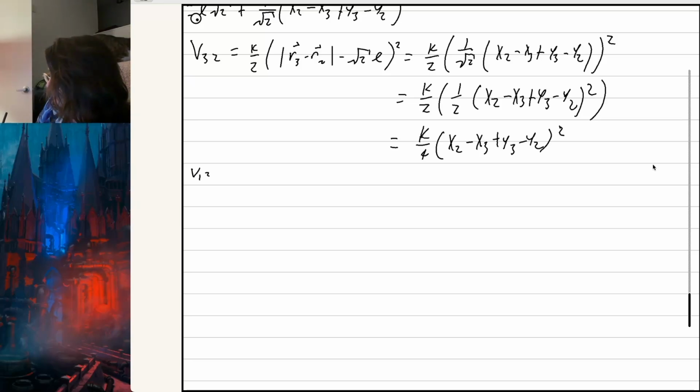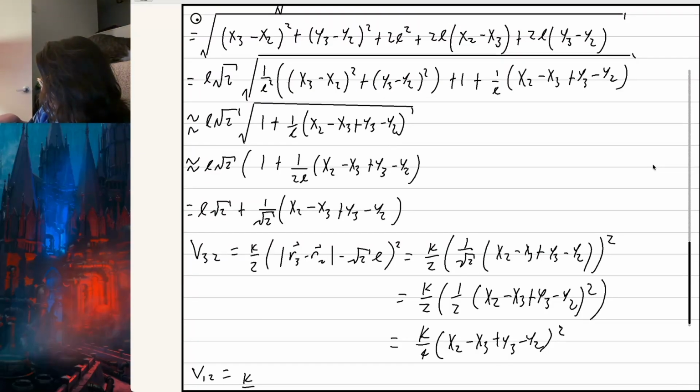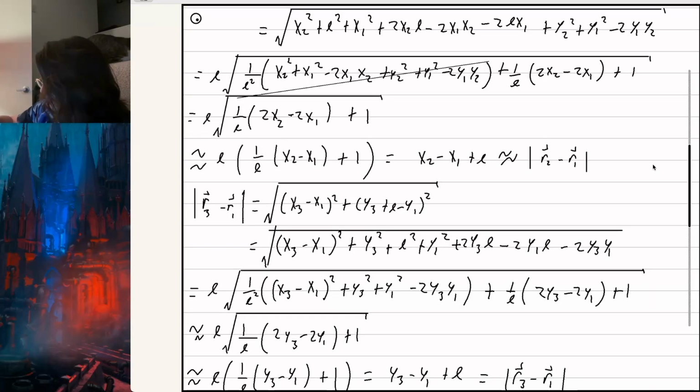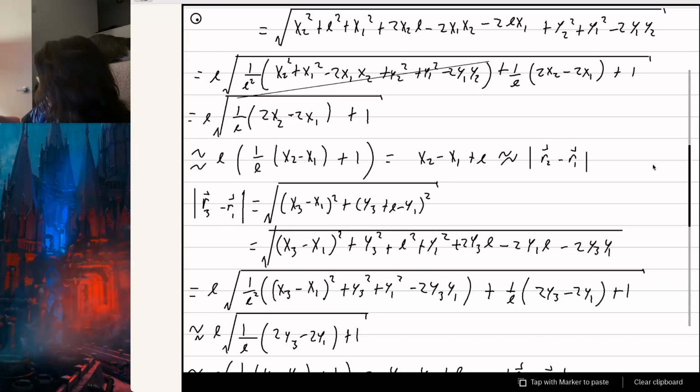Let's write out what the potential with 1 and 2 is. The R12 that we got is all the way up here. This stuff, the L's inside of the squared term are going to cancel out.